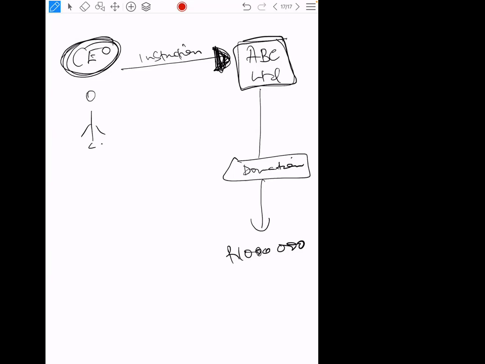So you'll highlight "by that person." This guy gave instruction to this company to make a donation of 1 million, so it is deemed to be a donation made by that person. This is the person that is deemed to have made the donation, and the one who is going to be liable for donations tax.